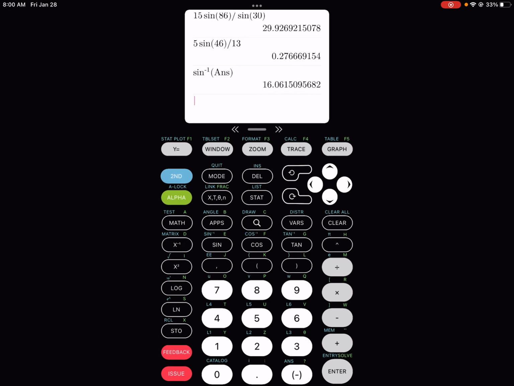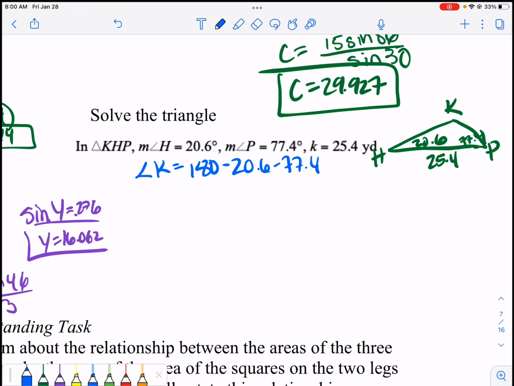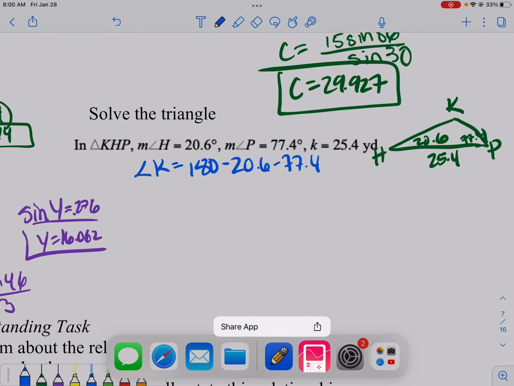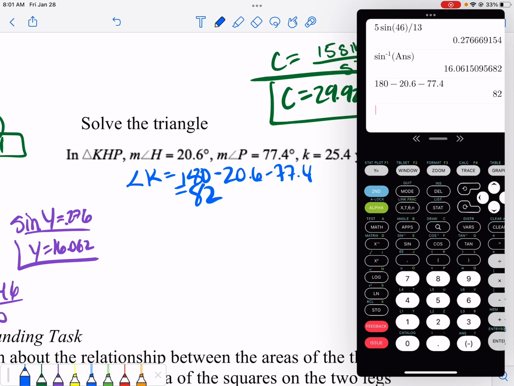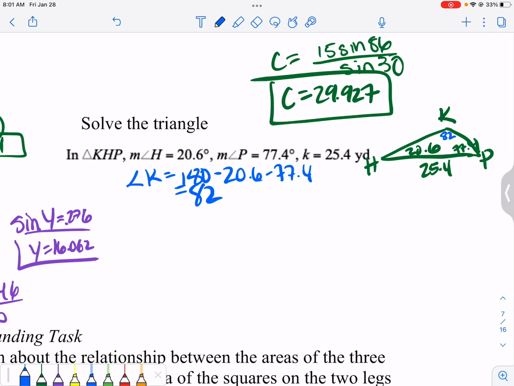So we're going to do 180 minus the 20.6 minus the 77.4. That gives us the angle K is 82 degrees. Okay. So I can put 82 there.